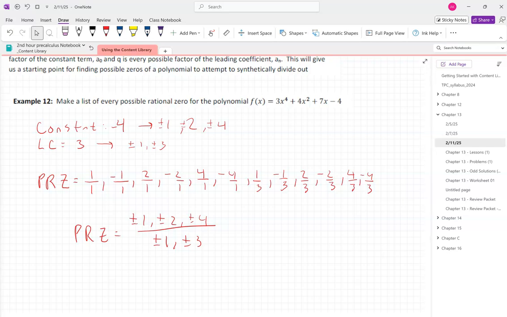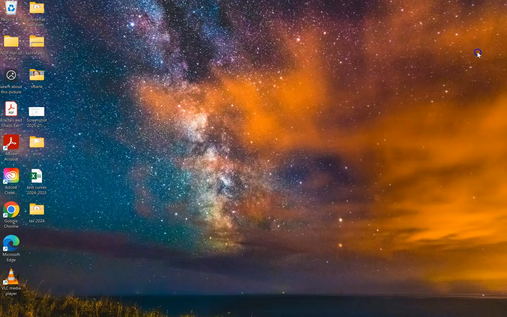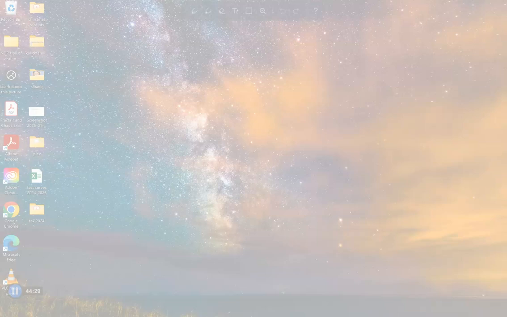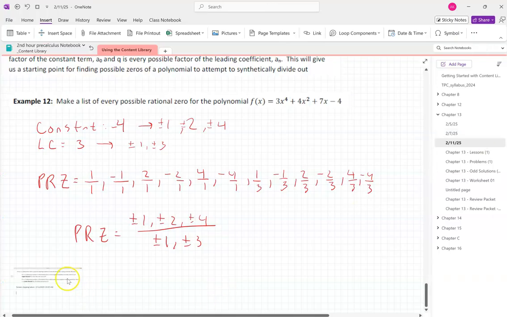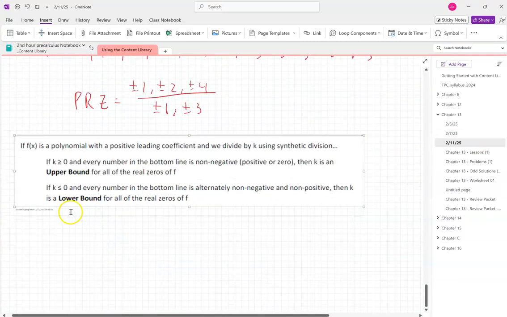Now, we did have one good trick where we can check for a bound, where we might be able to check one division and be able to cross off a bunch of values as being impossible.